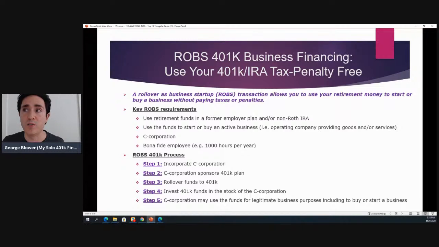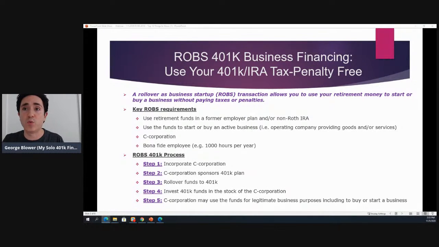That's going to be money that's in a former employer plan or a non-Roth IRA. You have to use the money to start or buy an active business. That's going to be an operating company that's providing goods or services, or it could be a real estate operating company. You have to run the business as a C corporation, and you have to work in the business.